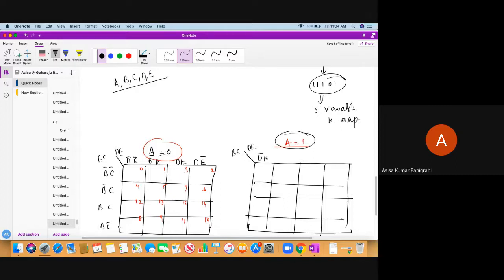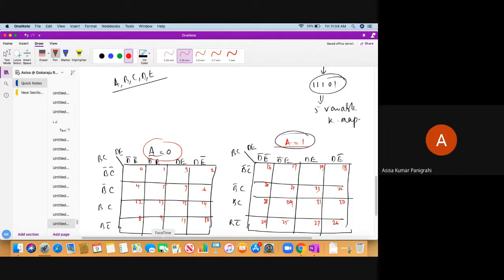D bar E bar, D bar E, DE, D E bar, B bar C bar, B bar C, BC, BC bar. So what are the minterm positions here? Very simple: 16, 17, 18, 19, 20, 21, 22, 23, 24, 25, 26, 27, 28, 29, 30, 31.